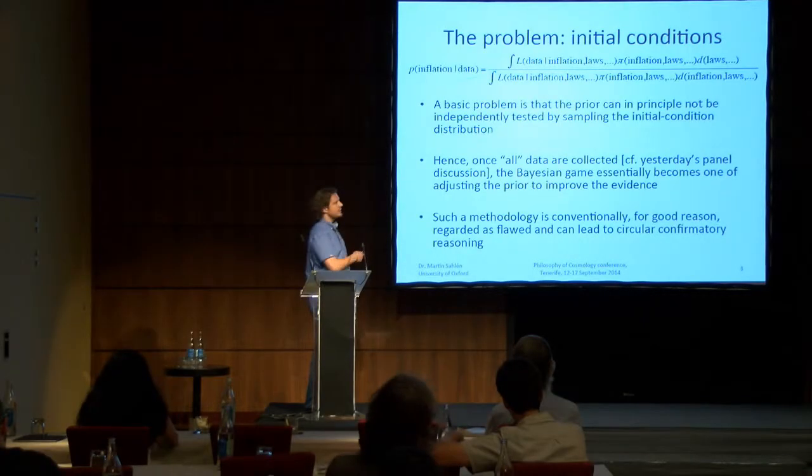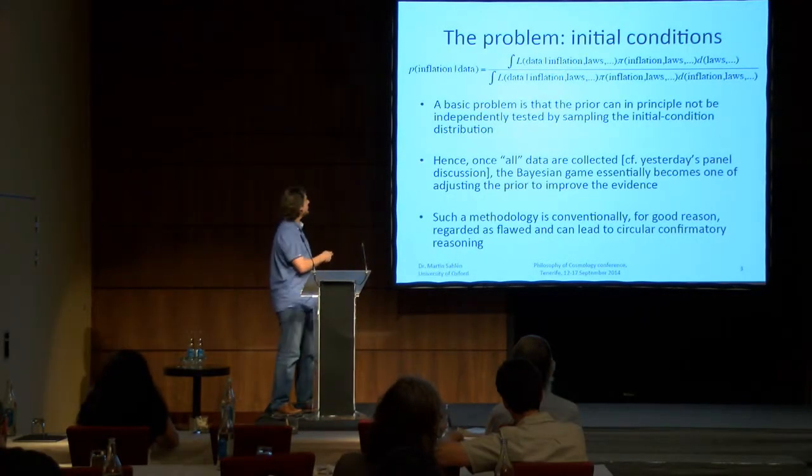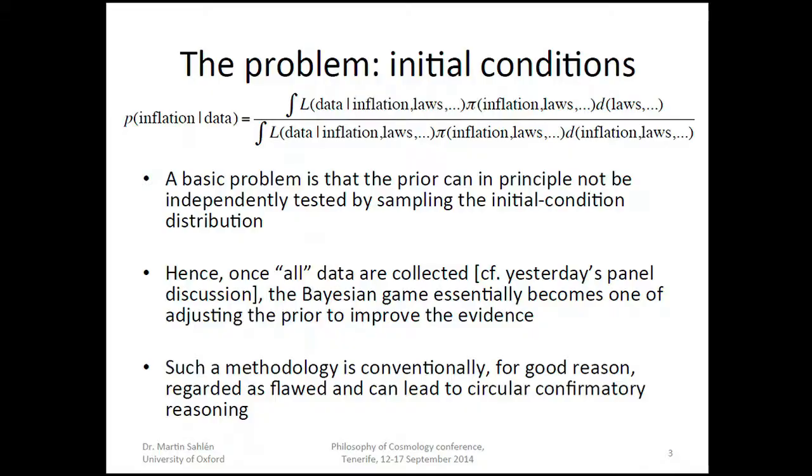So this is a bit of a schematic equation. If we think of some kind of initial conditions theory, I'll use inflation as a label for that at least, then we have some posterior given some data, which means we take the likelihood and the prior.